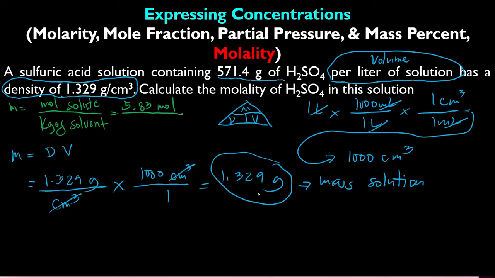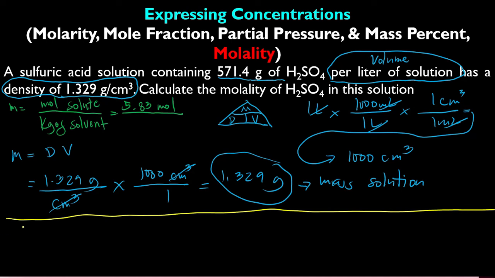All we need to do to get the mass of the solvent is to subtract the mass of the solute from the total mass of the solution. The mass of the entire solution is 1,329 grams, minus 571.4 grams.